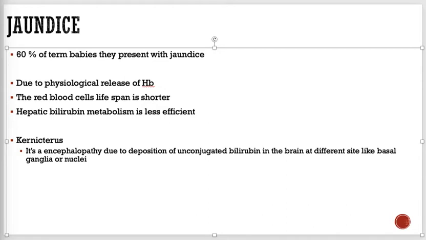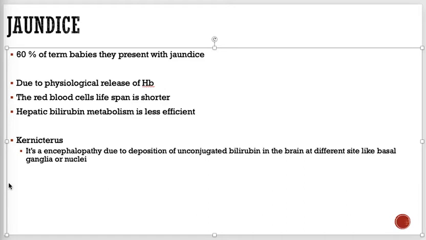Then the conjugated bilirubin is excreted in the bile, which is taken to the enterohepatic circulation, and much of that is released in the form of stools as stercobilin or stercobilinogen, and the rest is excreted in the form of urine as urobilinogen. Okay, I think we all know this thing.